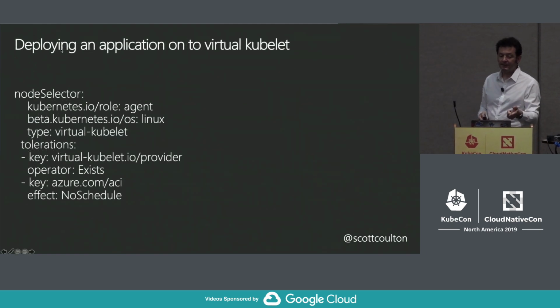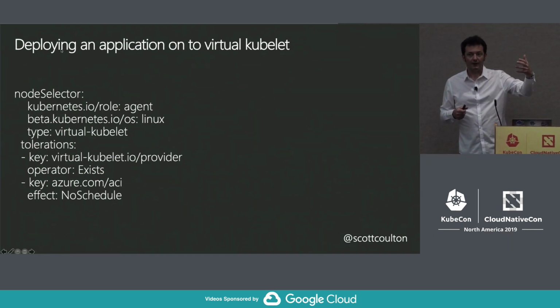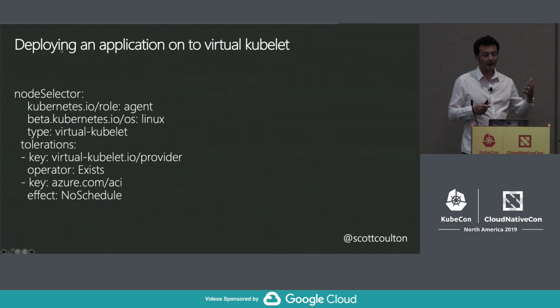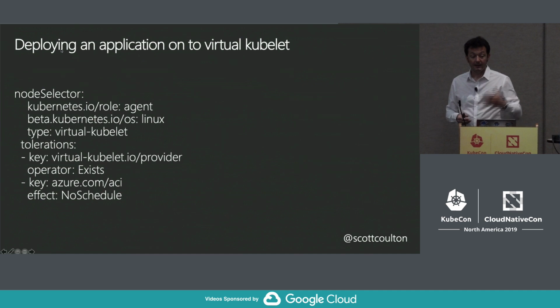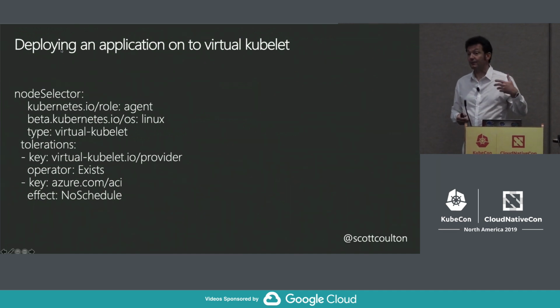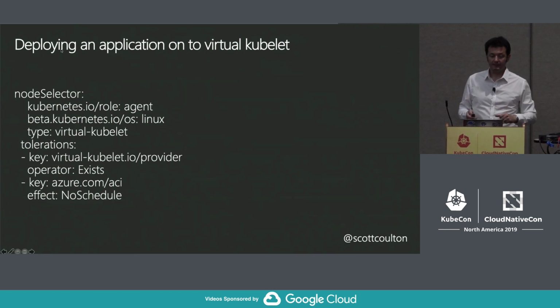And the tolerations here mean that when I'm scheduling my pod, I want to make sure that the azure.com/ACI provider for the virtual kubelet is provisioned on the cluster. So you can specify these with tolerations.